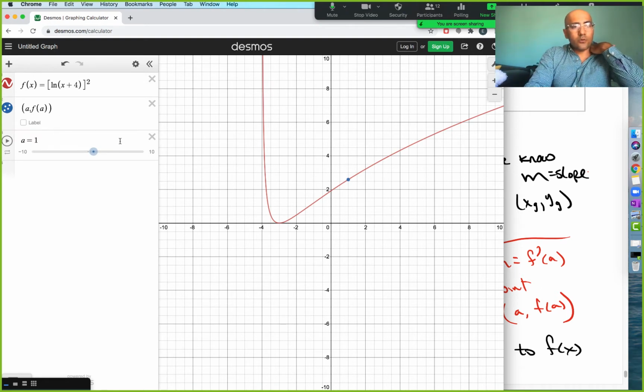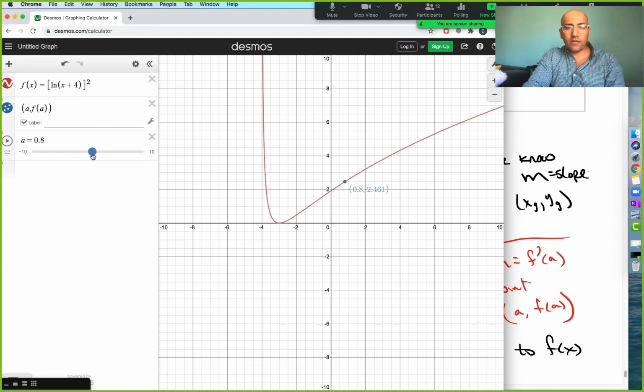So notice what this is. See this little slider here? That means I'm allowing a to be negative 0.8 there, and then it's graphing that ordered pair. I can label it as well. So I can slide back and forth and find it.